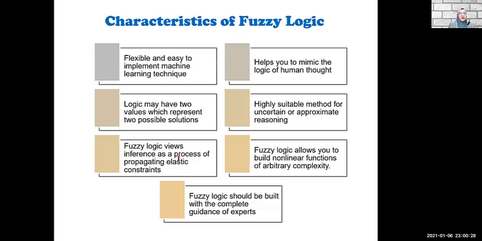Fuzzy logic views inference as a process of propagation of elastic constraints. Fuzzy logic allows you to build nonlinear function of arbitrary complexity. Fuzzy logic should be built with the complete guidance of an expert. So, in building a fuzzy logic system, we need a human expert to guide us to design the fuzzy rules.